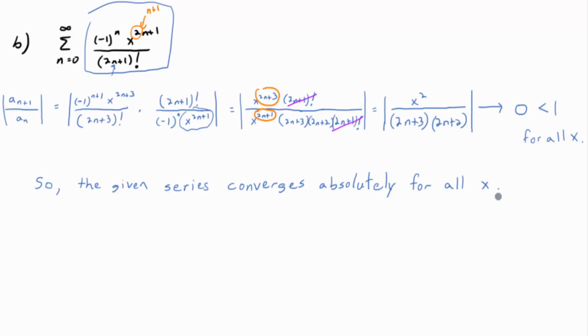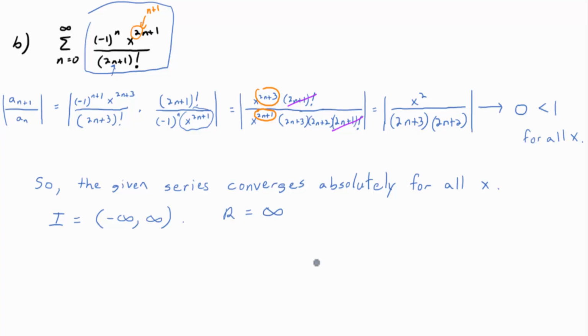Well, if it converges absolutely for all x, what does the interval of convergence I have to be? We're talking real numbers, so if we write it as an interval, it's negative infinity to infinity. In other words, this thing always converges. What would R equal? Infinity, yeah.